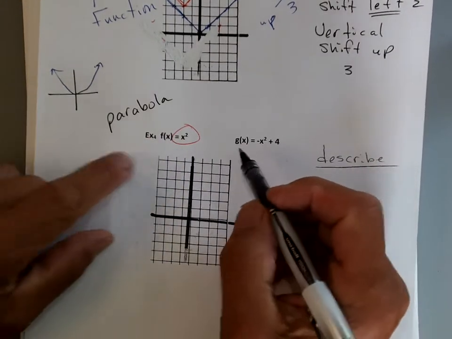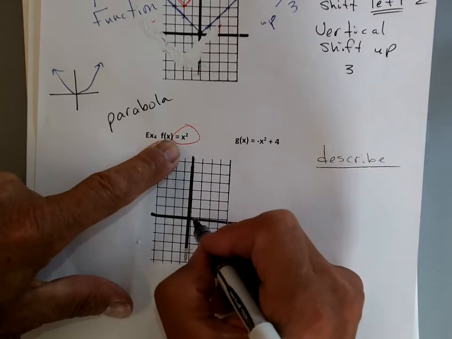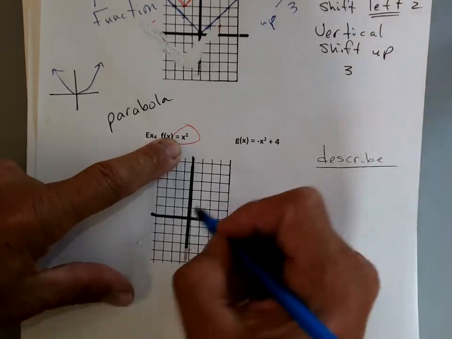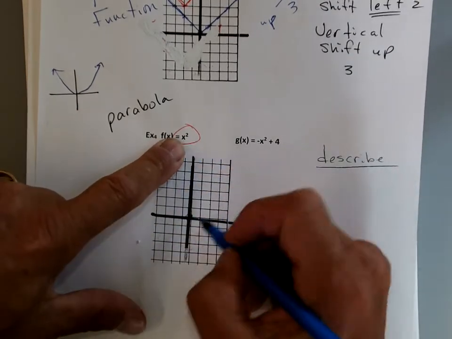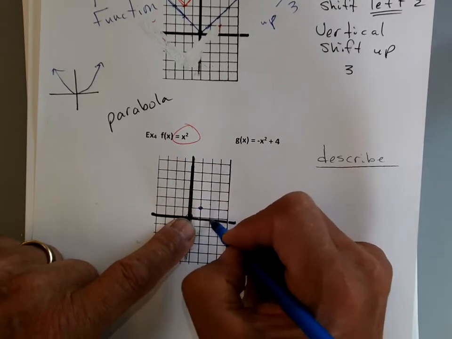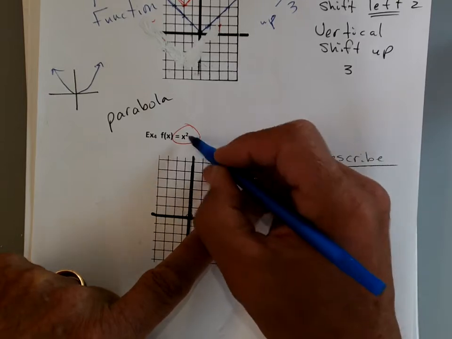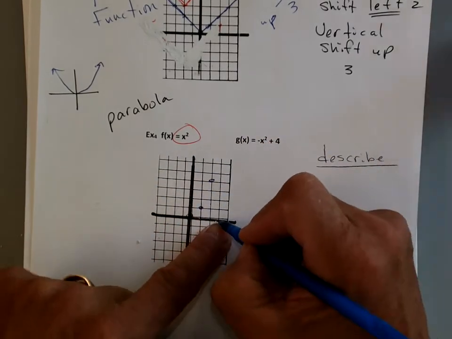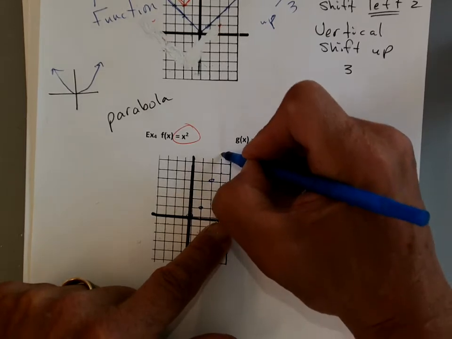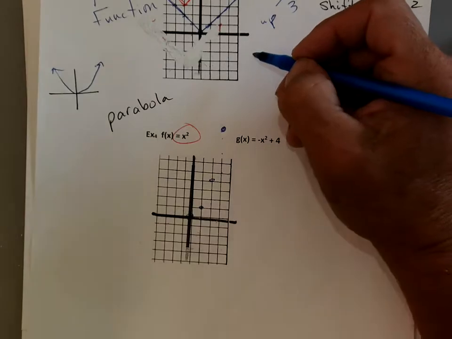So first of all, for our parent function, we're going to square numbers. 0 squared is 0, and I'll put that in there. 1 squared is 1. 2 squared is 4. 3 squared is 9. I'll just estimate where it is. And 4 squared, 16, is off the graph, okay?